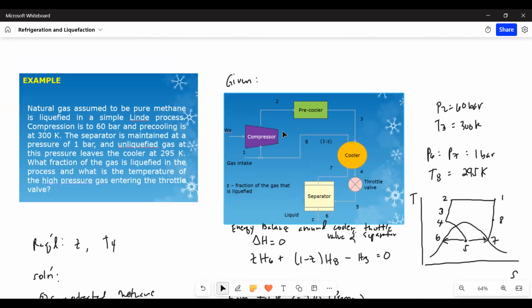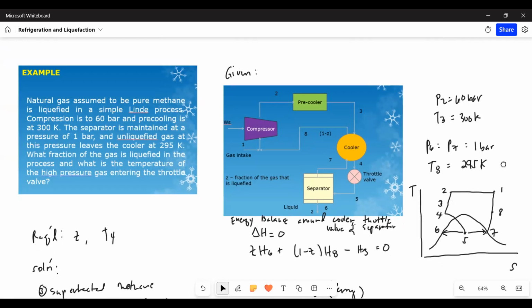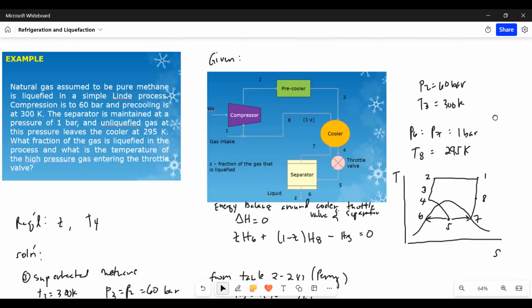Another hint is that after the separator, there's no way to change the pressure. So whatever the pressure of the stream here is, is also the pressure of the stream here. And the same reasoning applies to the pre-cooler. After the compressor, the pressure is maintained at the inlet and outlet of the pre-cooler.